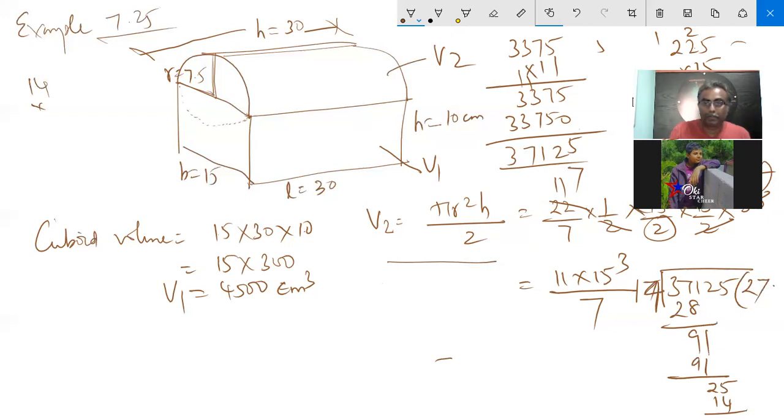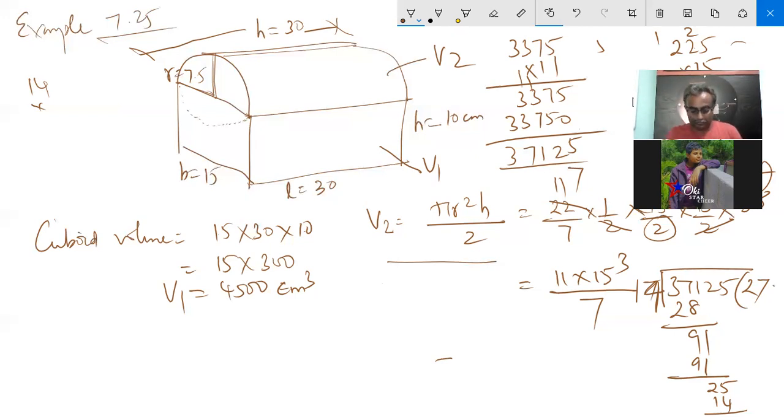14 goes 2 times. 91, yes, 91. It goes 7 times. We have a calculator, we can calculate this. Wait, I will use the calculator to calculate this.